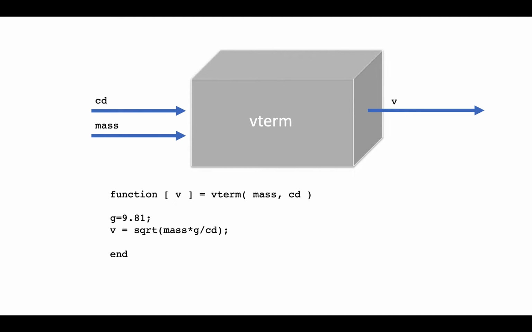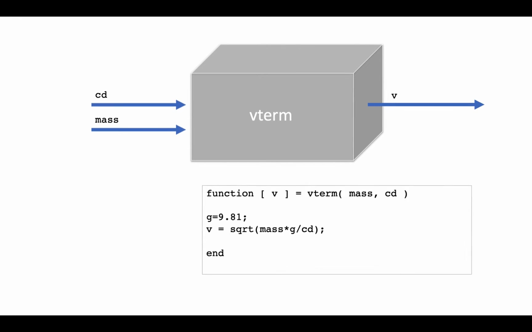You set g equal to 9.81, and then you say v is equal to the square root of mass times g divided by CD. Any mass you input and any lumped drag coefficient you input will be put into this function and calculated for the terminal velocity, and that will be outputted as v.